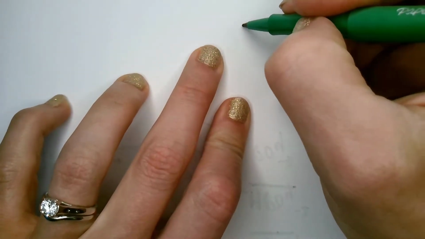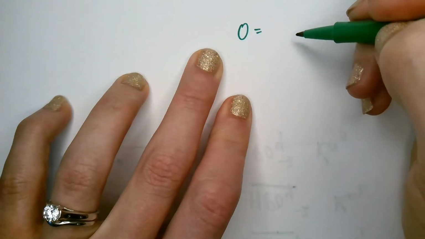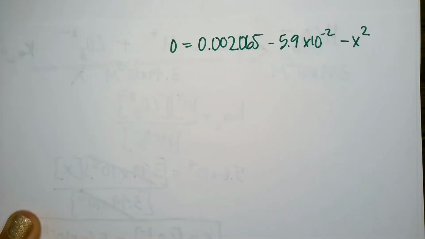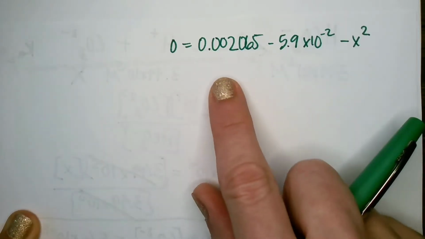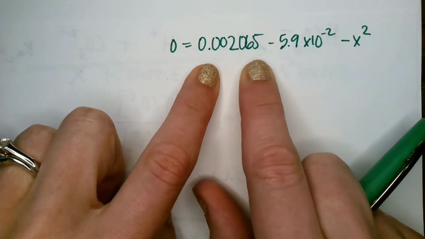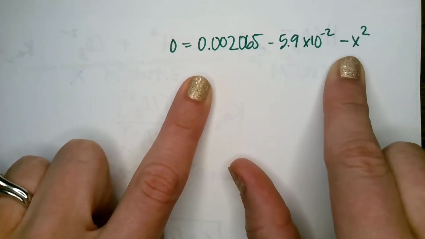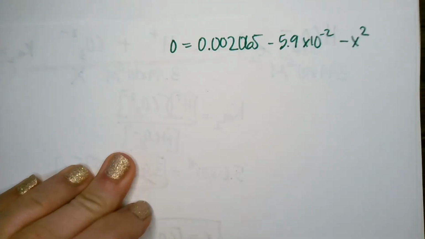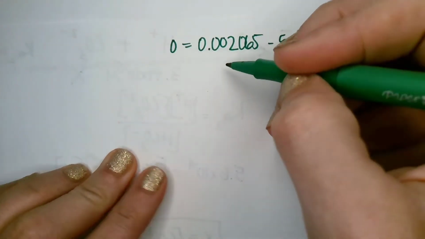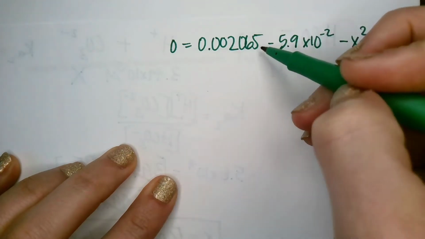You can simplify that. So we would get 0 is equal to 0.002065 minus 5.9 times 10 to the negative 2 minus x squared.